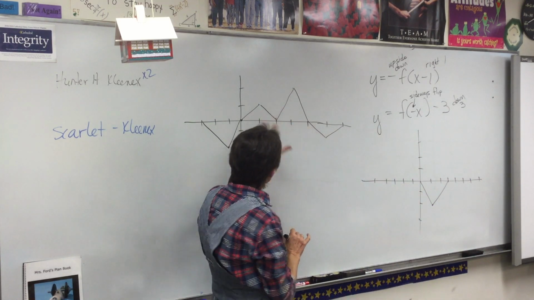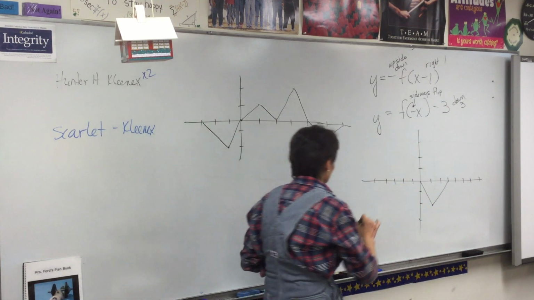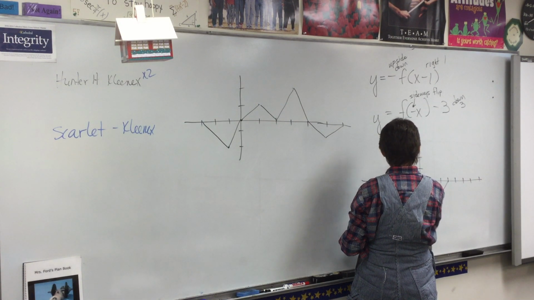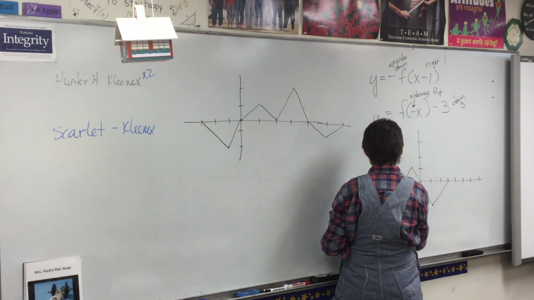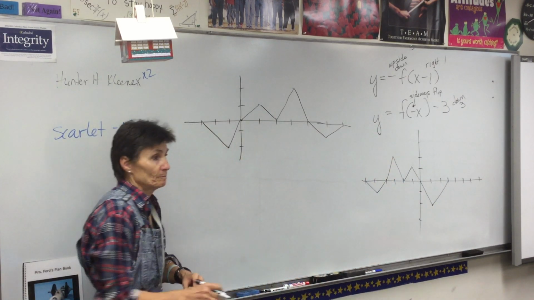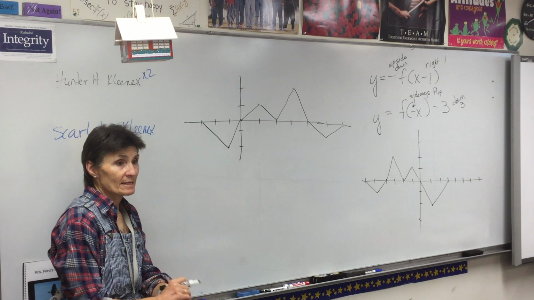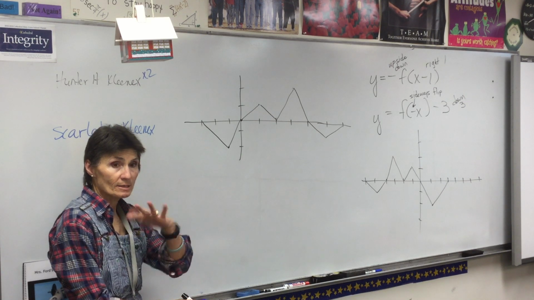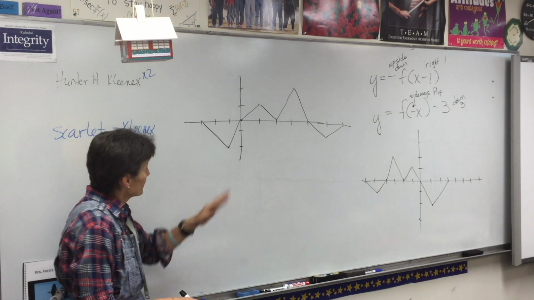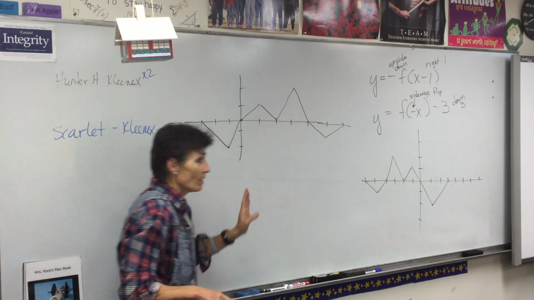And all of that is going to get drawn over here. This is not the final answer. This is just step 1. That's the reflection across the y-axis, the sideways flip. Is that okay with everybody so far?